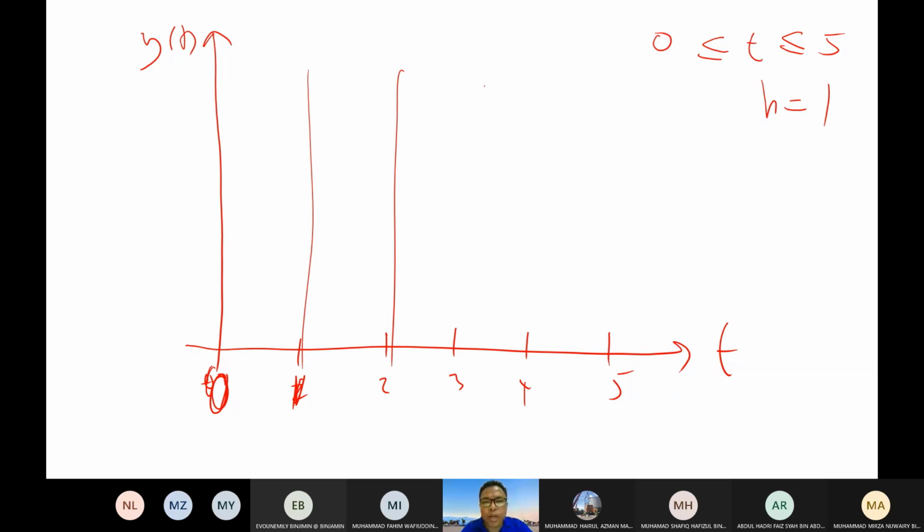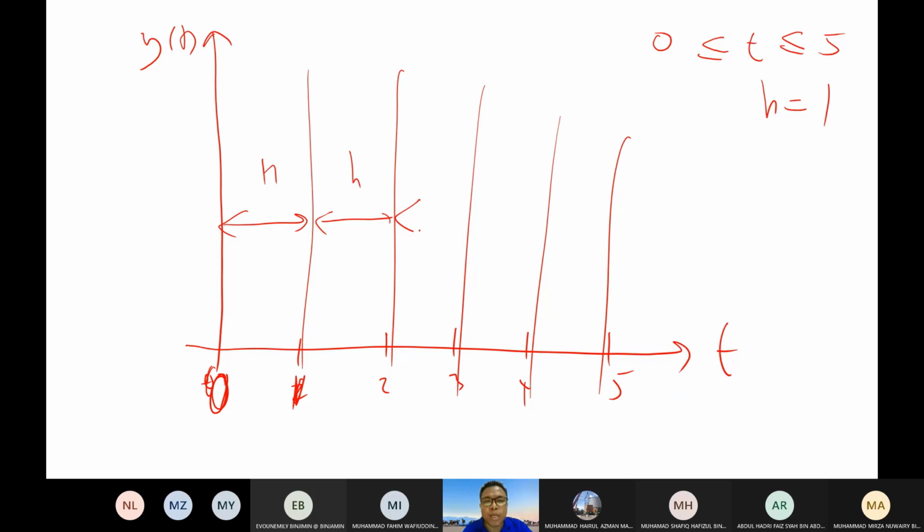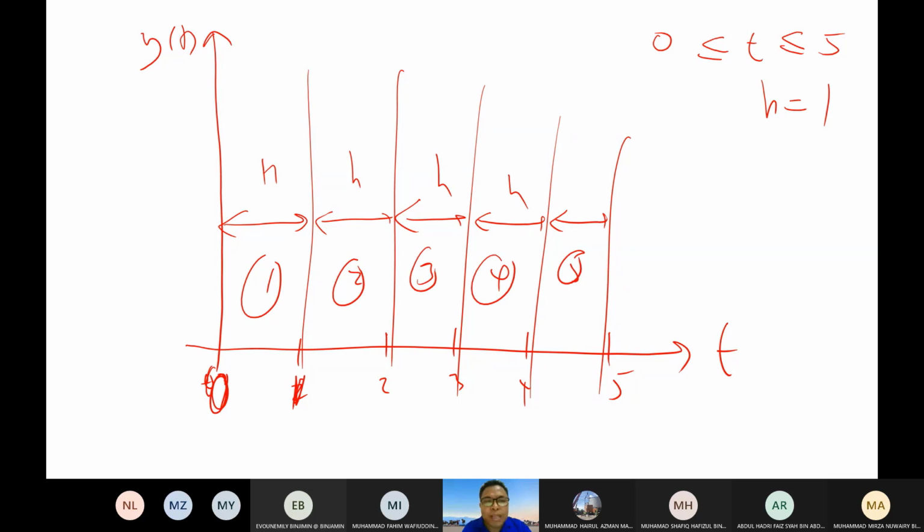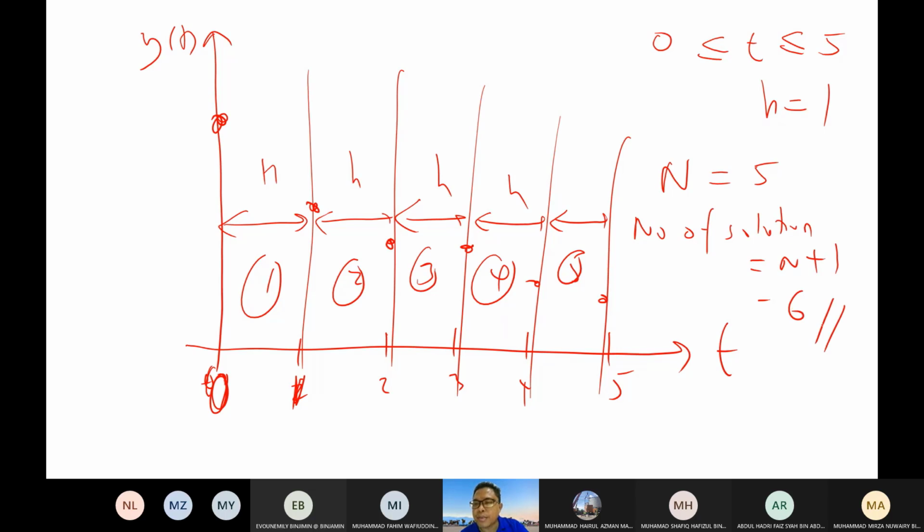So your H will be 1. How many intervals? 1, 2, 3, 4, 5. And how many solutions? 1, 2, 3, 4, 5, 6. So if the number of intervals is 5, the number of solutions will be n plus 1, which is 6.